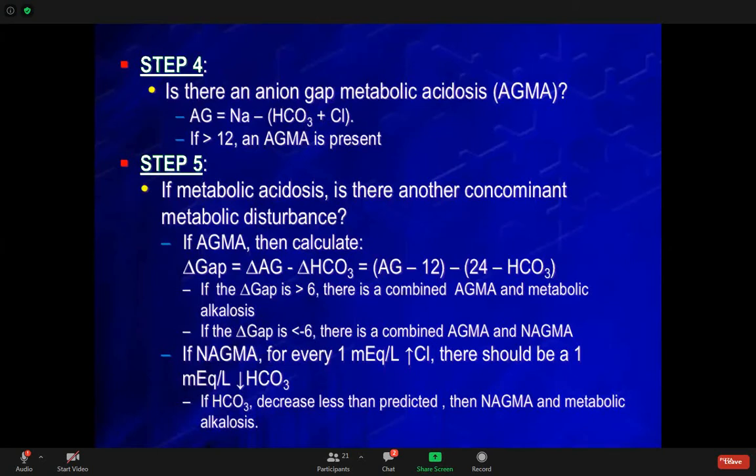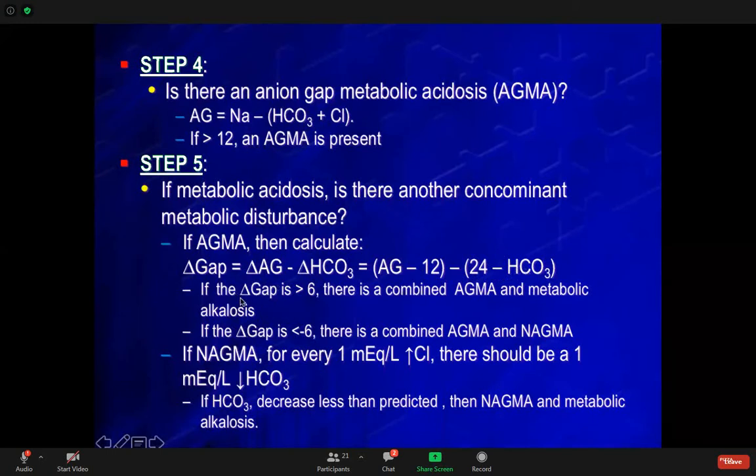Delta gap equals your delta anion gap minus your delta bicarb. It's your calculated anion gap minus 12, which is the normal, minus 24 minus your measured bicarb.